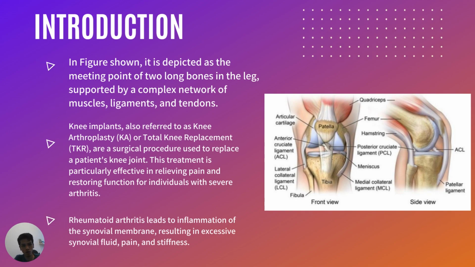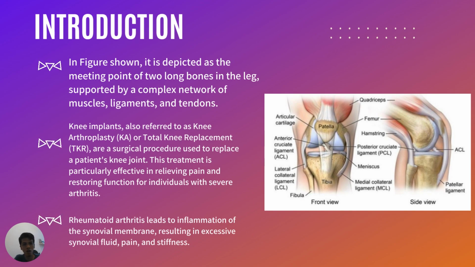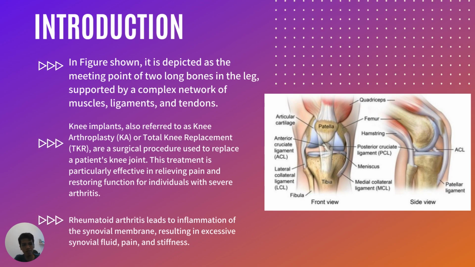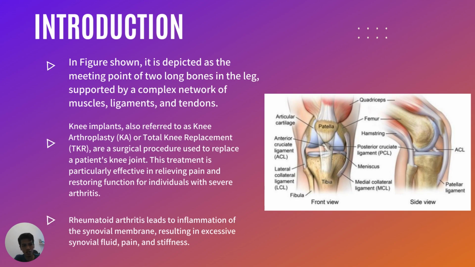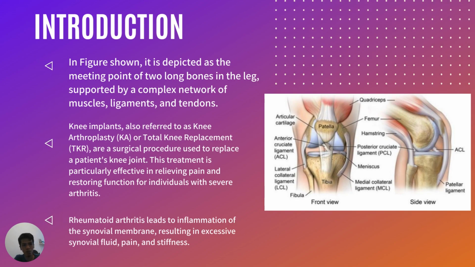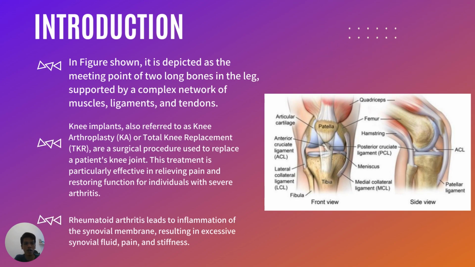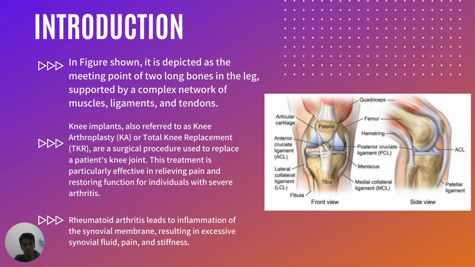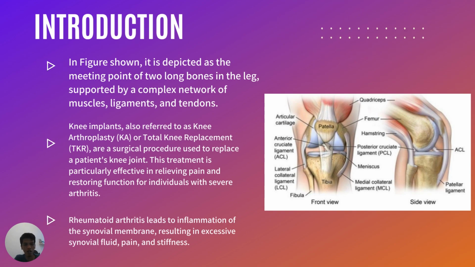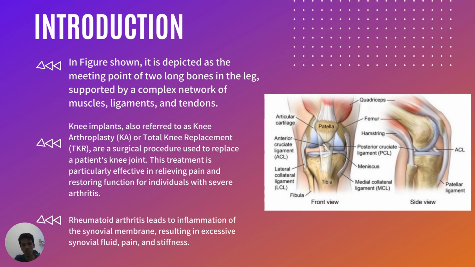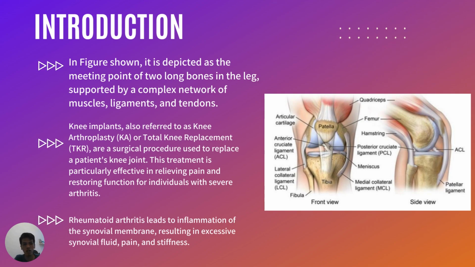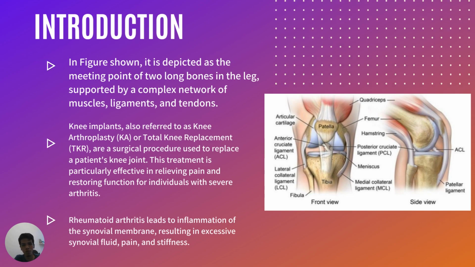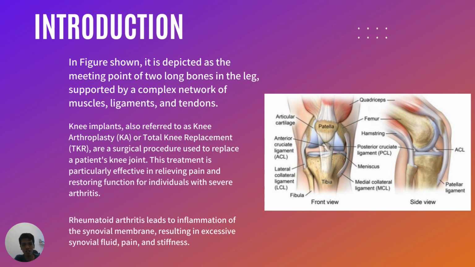Knee implant, also referred to as KA or knee arthroplasty or TKR, total knee replacement, is a surgical method used to replace the patient's knee joint. This treatment is particularly good in releasing pain and restoring the function depending on the individual. But in most cases it will be for severe arthritis.